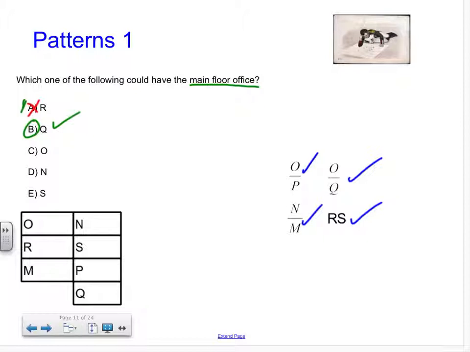But just for argument's sake, let's take a look at C, D, and E. I'm just taking the letters out of the building.